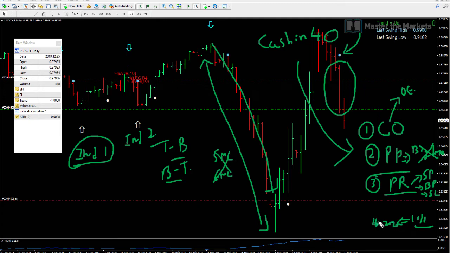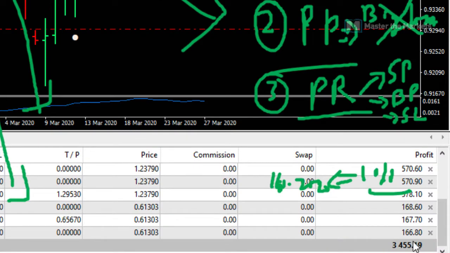That's the rules as such. So this will make sure that it's sustainable, scalable, and reproducible. That is what we are looking to do in Cash In 4.0, and that is what makes traders make this kind of returns.